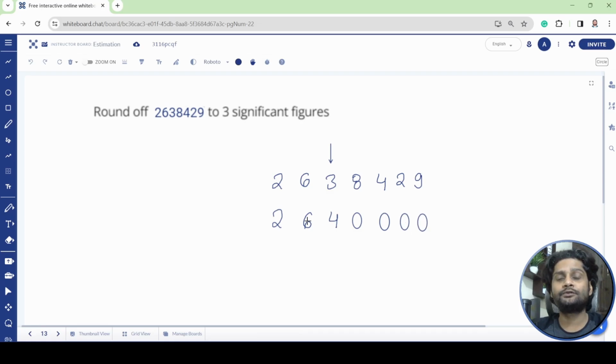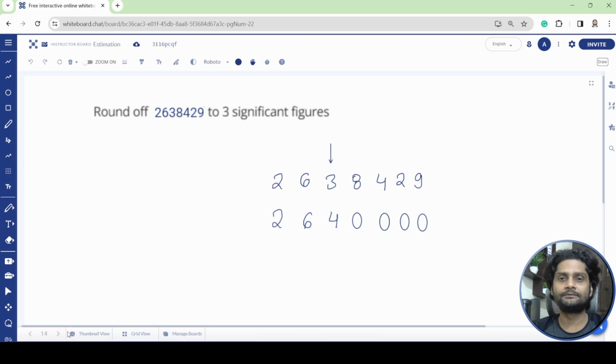And this is how you know that trailing zeros are not significant, and however the 3 non-zero numbers are still significant. So we have 3 significant figures, and this is how we have made our number simpler than earlier. Earlier we had multiple digits to handle, but right now we just have 3 initial digits to handle, so that's why it's rounded to 3 significant figures.